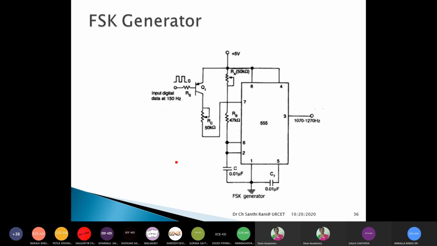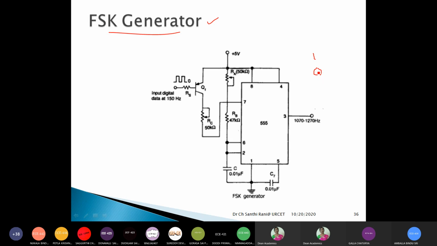Let me tell you how it can be used as an FSK generator, that means a frequency shift keying generator. I think you are studying digital communications now, so you know what frequency shift keying is, right? Here a binary code will be there. Binary means a bit or binary digit, either 0 or 1.